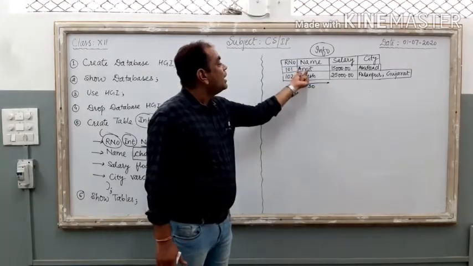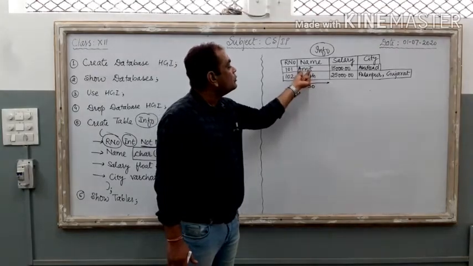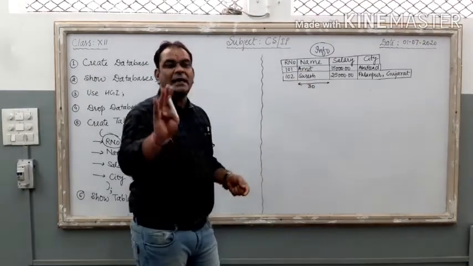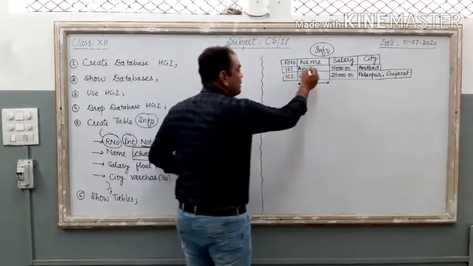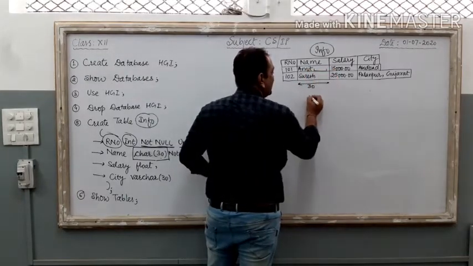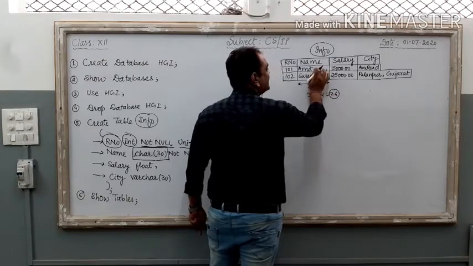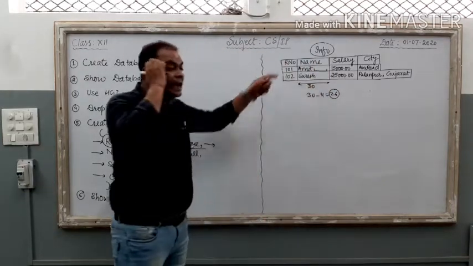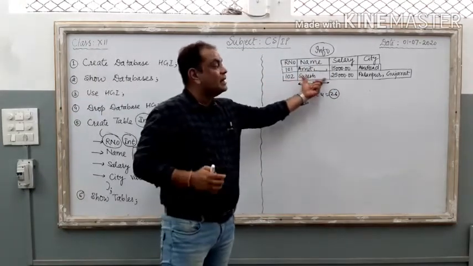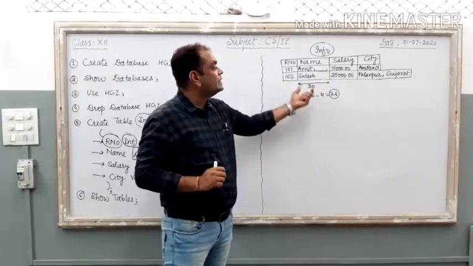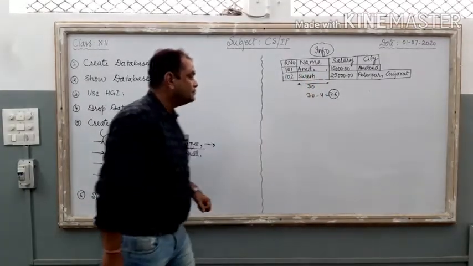If you put a name with 4 alphabets, A, M, I, T, then the remaining 30 minus 4, that is 26, the computer puts 26 spaces after the name. Overall the size is 30 only. It is known as fixed size variable.